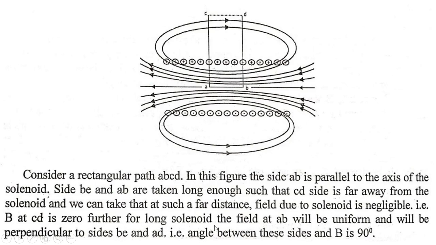Further, for a long solenoid, the field at AB will be uniform as shown in the figure and will be perpendicular to sides BC and AD. That is, the angle between these sides and B is 90 degrees.